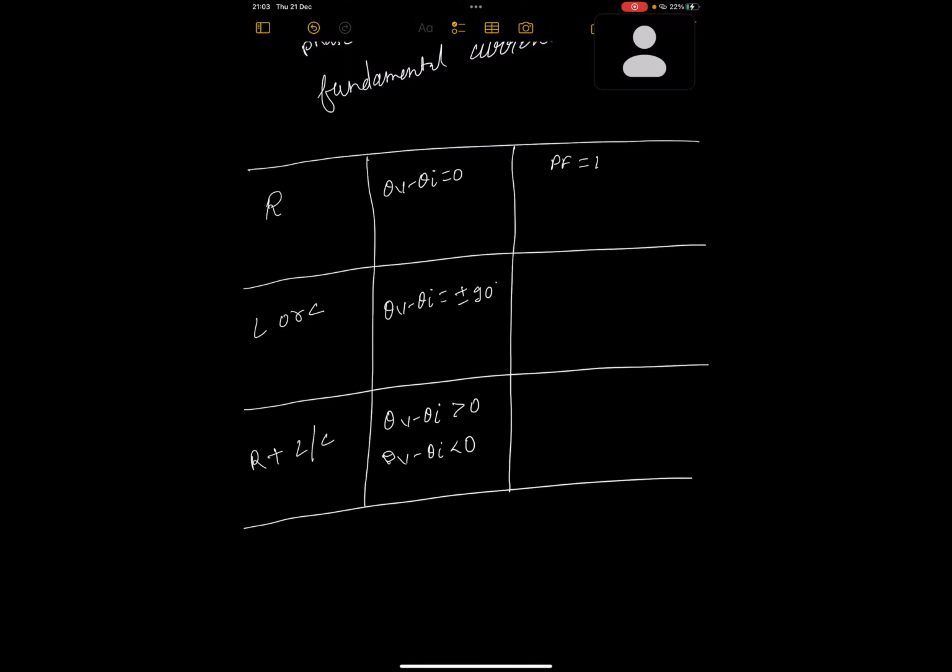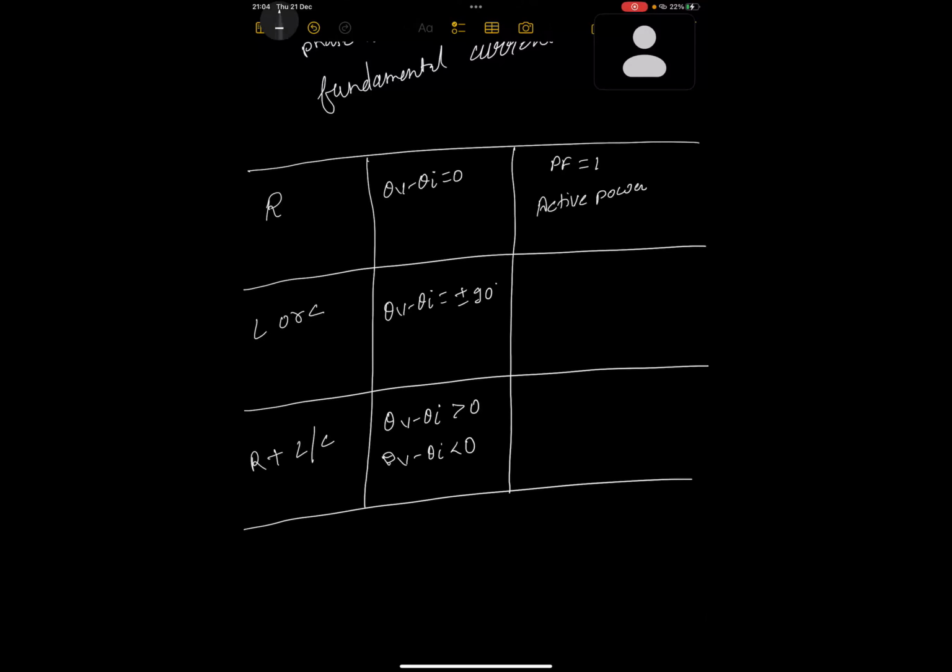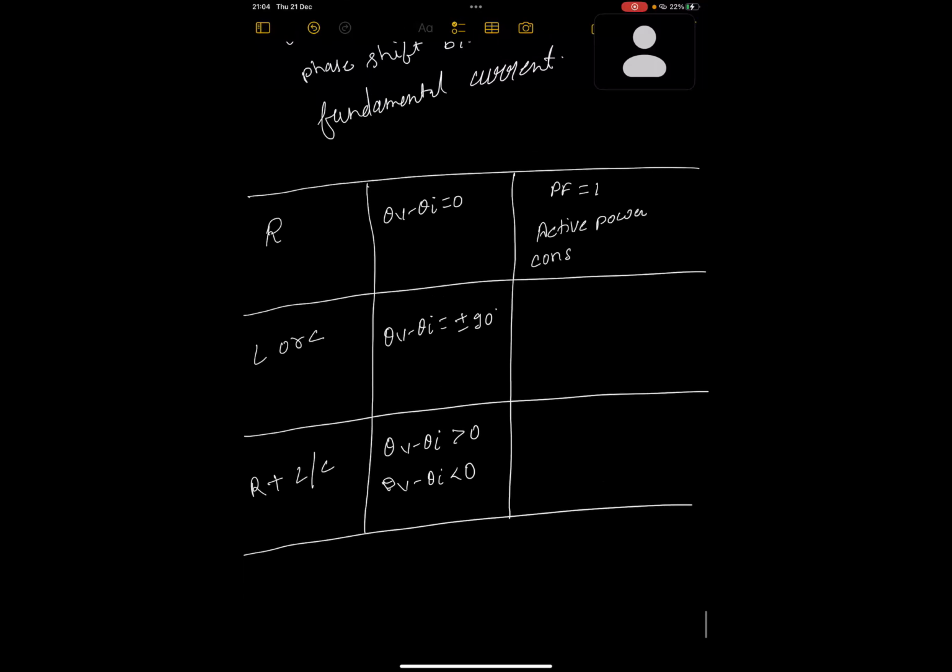It means the resistance consumes active power. Here the power factor is equal to 0, so no real power is consumed, meaning P equal to 0 here.